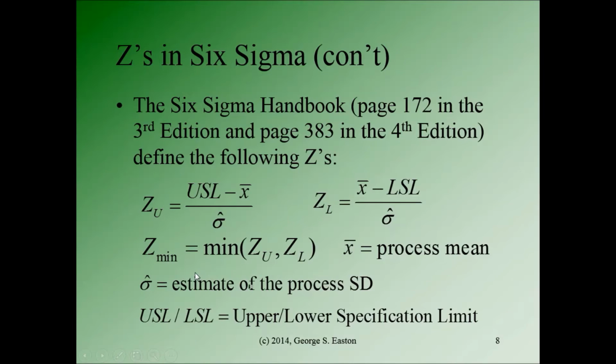The Six Sigma handbook then defines Z min to be the minimum value of Z upper and Z lower. Again, x-bar is the process mean, sigma hat is an estimate of the process standard deviation, and the acronyms USL and LSL stand for the upper specification limit and the lower specification limit, respectively.